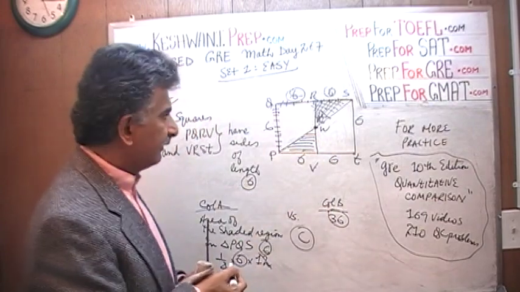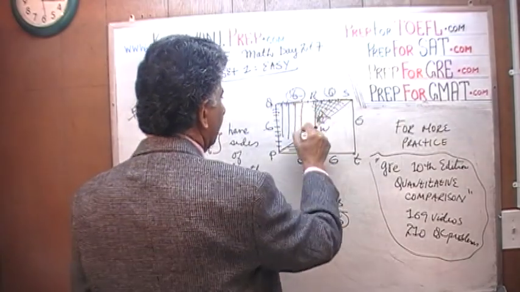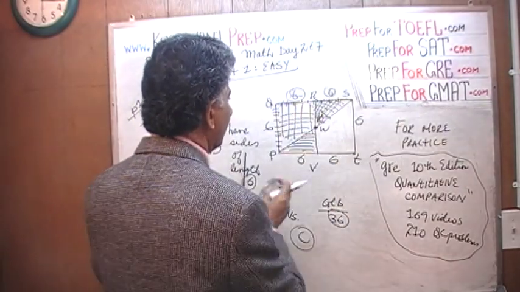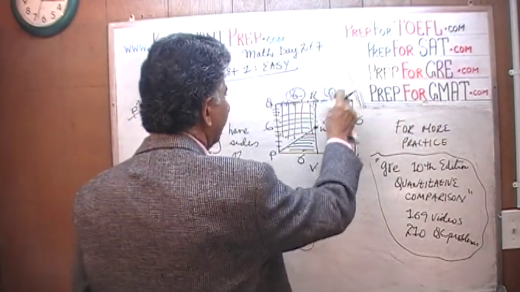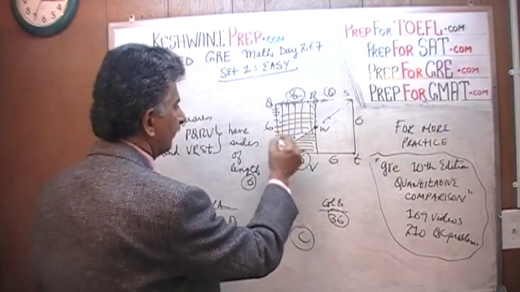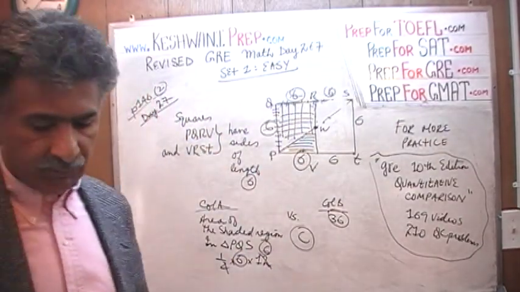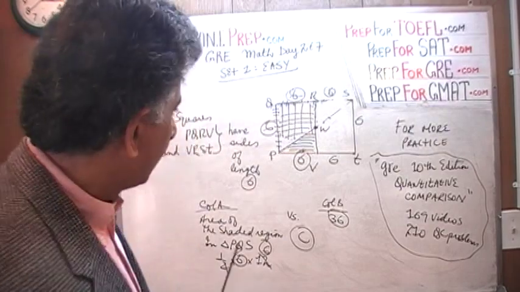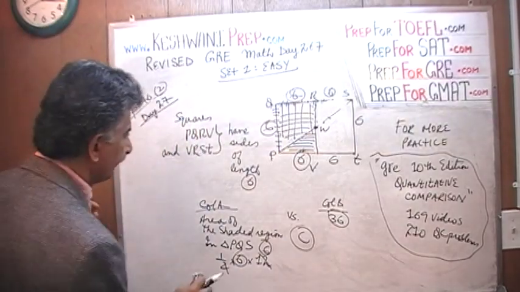So the area that they're asking for is simply the area of a square, and a square that is 6 by 6. Of course it's 36. Let's move on to number 3.